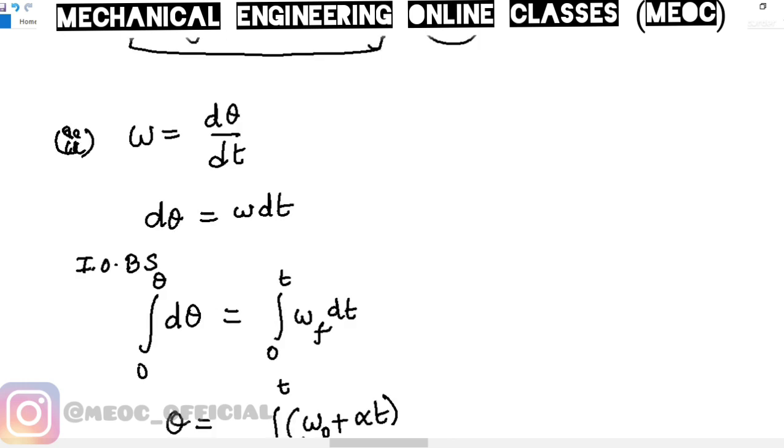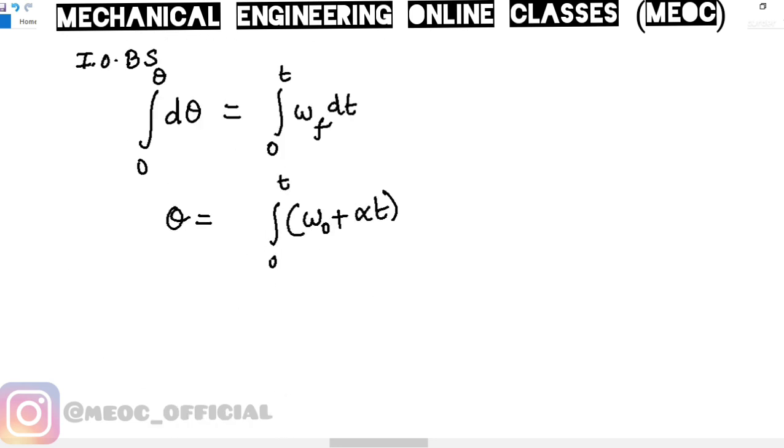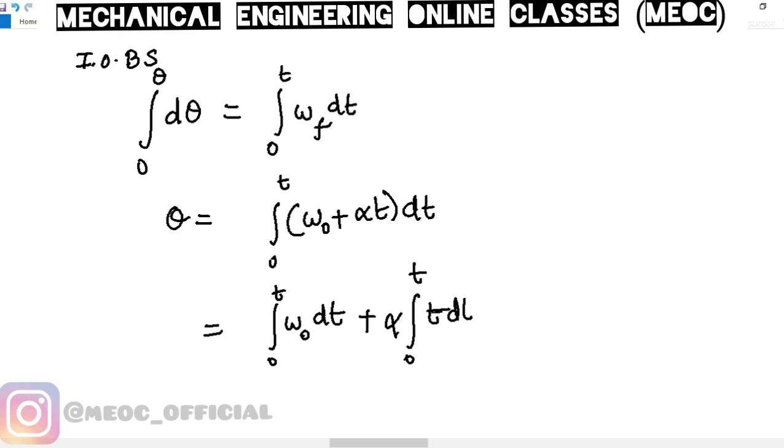So we have used this first outcome, omega f is equal to omega naught plus alpha t dt. So we can split this up, because alpha is constant, I'm bringing this outside. This is t dt.